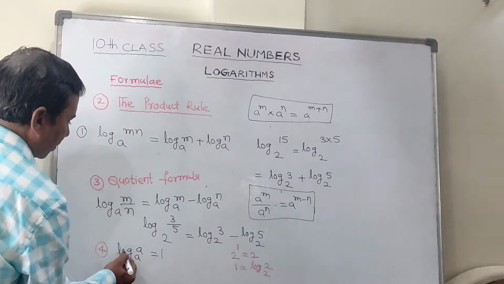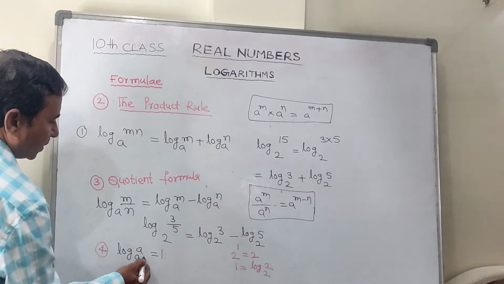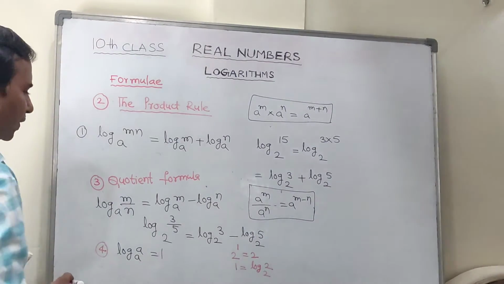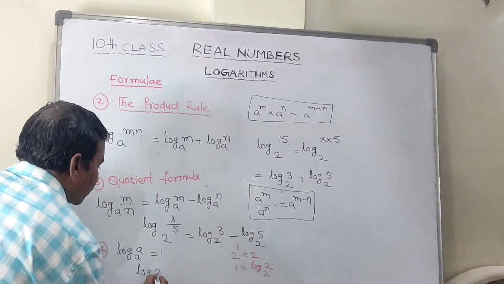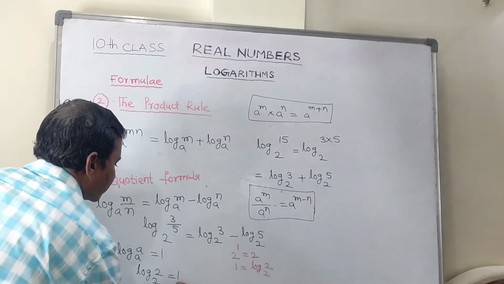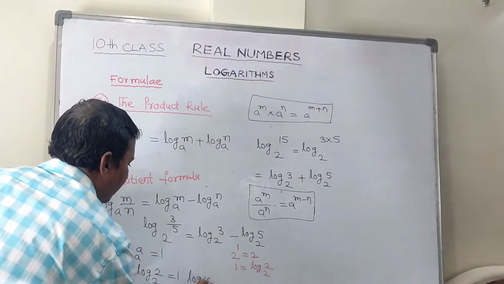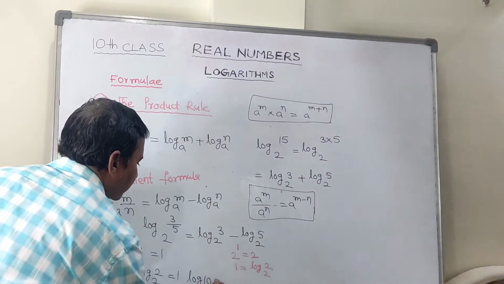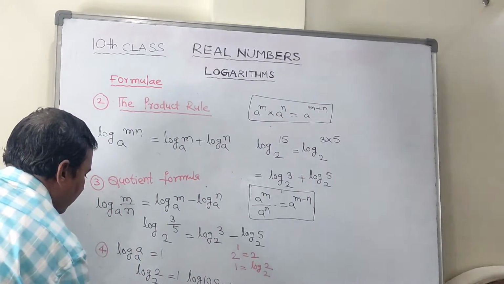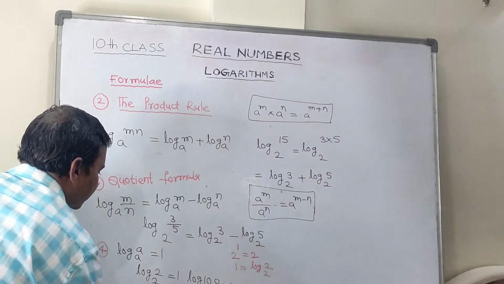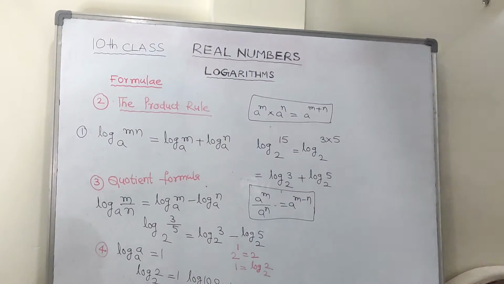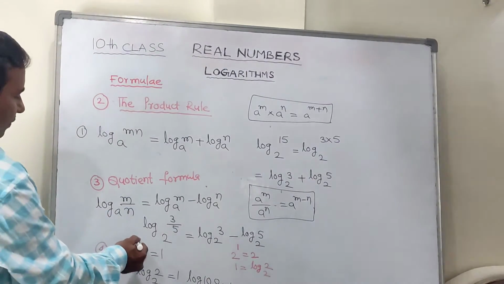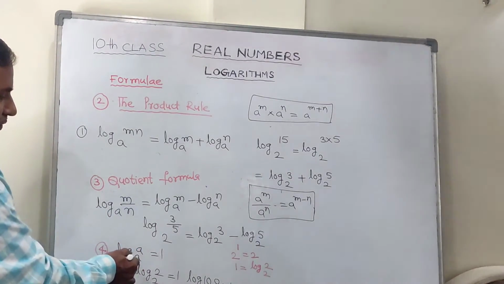For example, log 2 to the base 2 is 1. Log 100 to the base 100 is equal to 1. Log x to the base x equals 1. So, like that any logarithm of a value to the same base will be equal to 1.